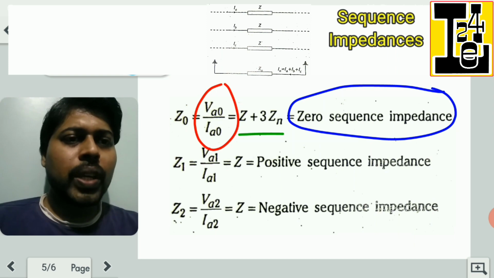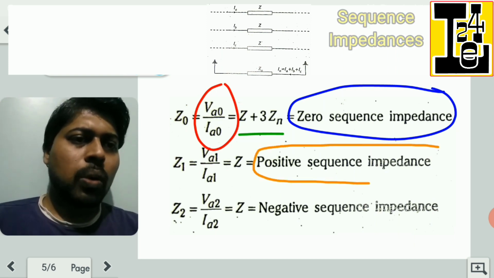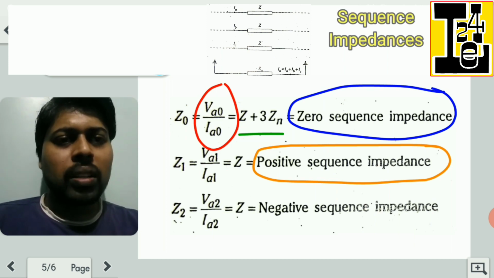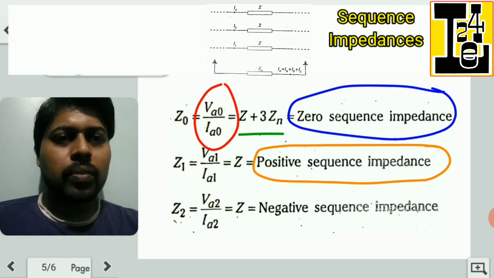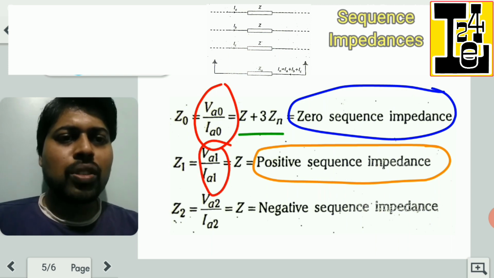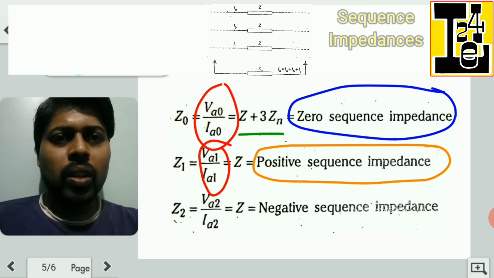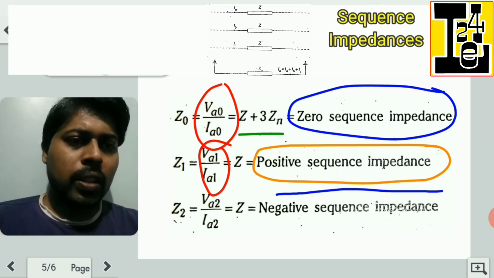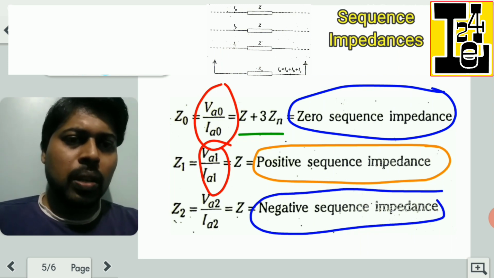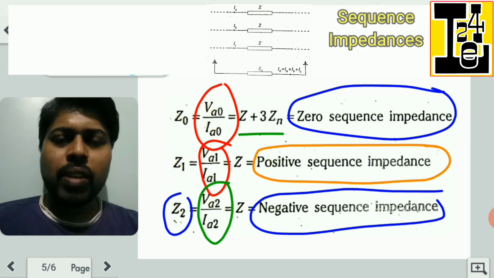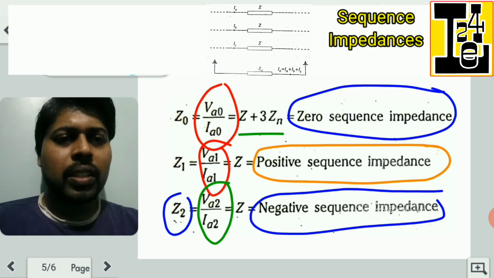As well as we can also write the expression for the positive sequence impedance, that is, Z1 equals VA1 divided by IA1, that is equal to Z. We can write the expression for the negative sequence impedance, which is represented as Z2, as VA2 divided by IA2, that is equal to Z.